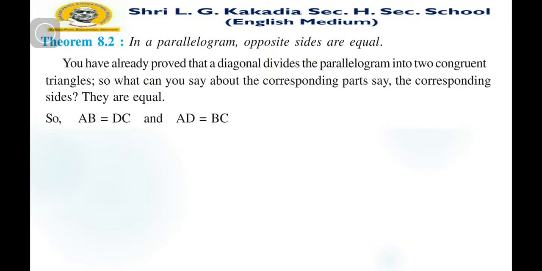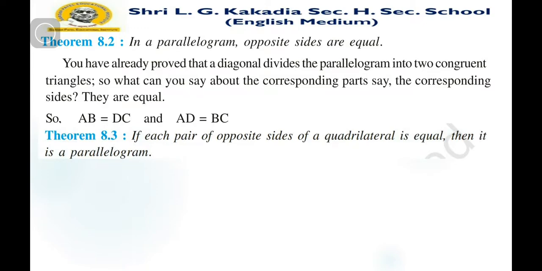So the corresponding sides are equal. That means AB is equal to DC and AD is equal to BC. So we can say that in a parallelogram opposite sides are equal.